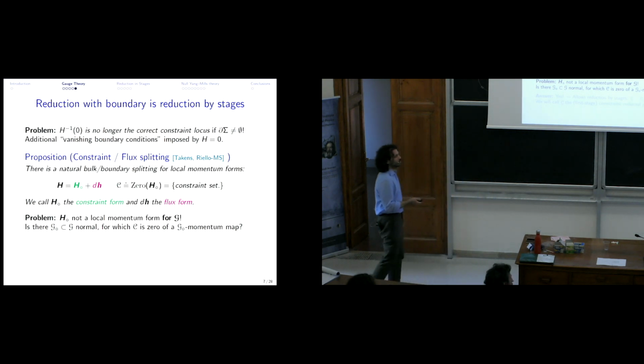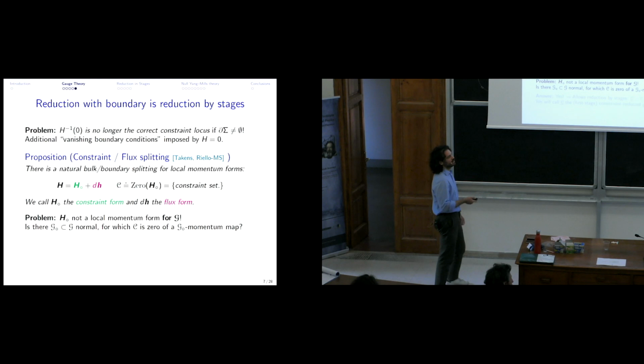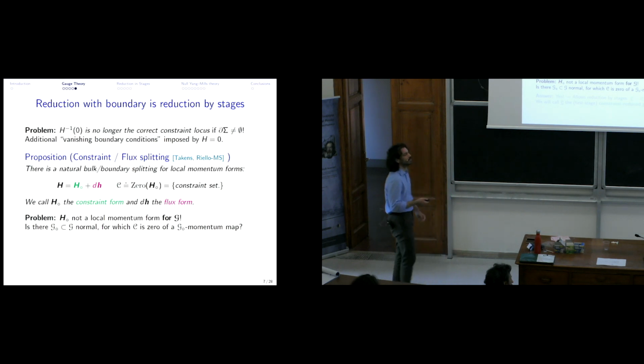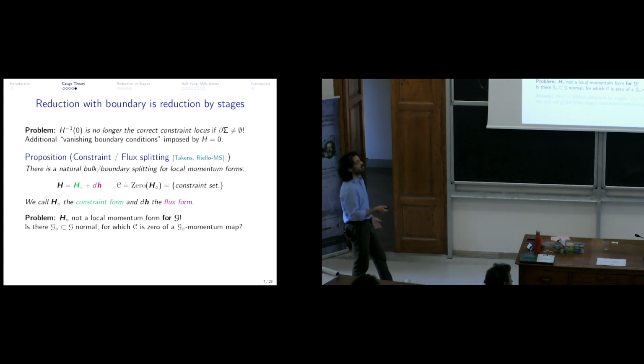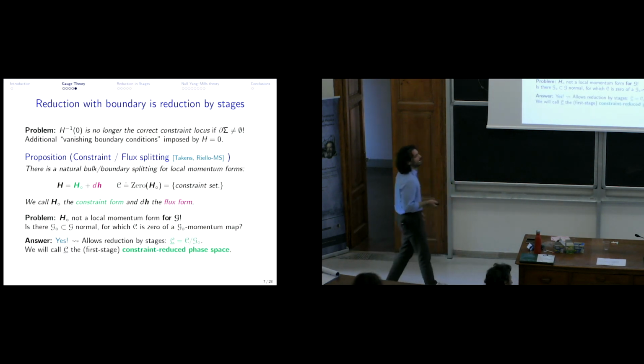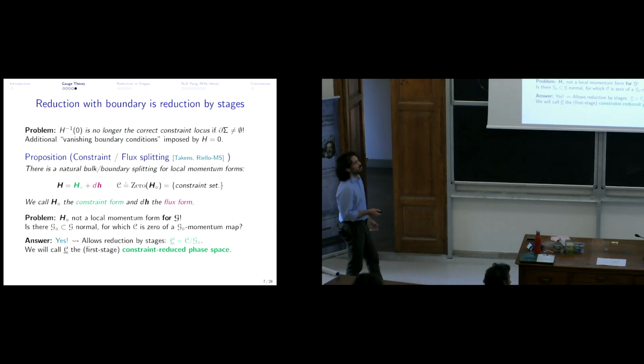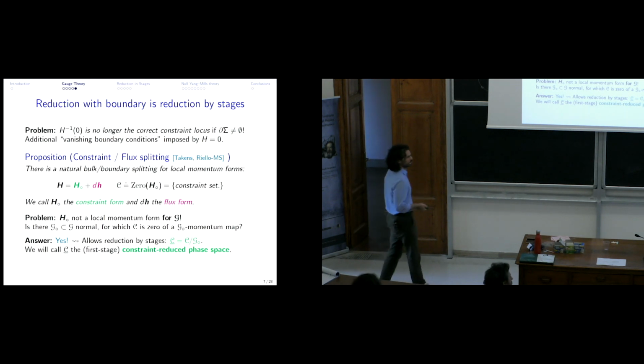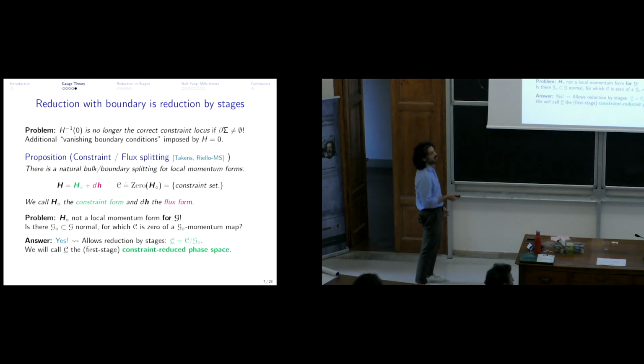Okay, so the natural question is, can I retain the fact that the constraint set is the zero-level set of some momentum map, but now for a subgroup? The answer is yes, and we can proceed to Hamiltonian reduction by the action of this subgroup.